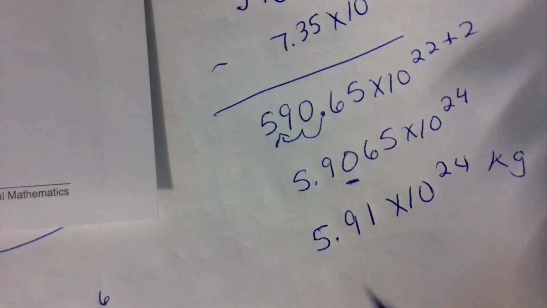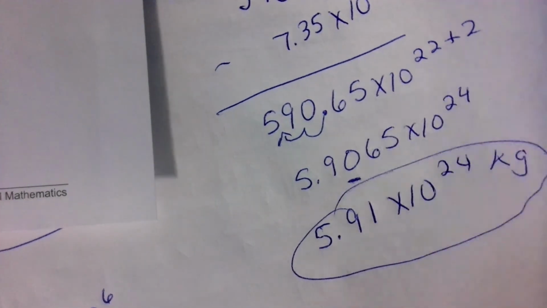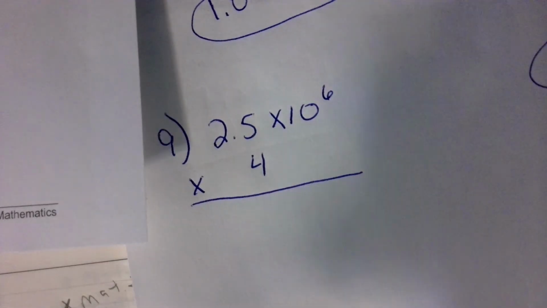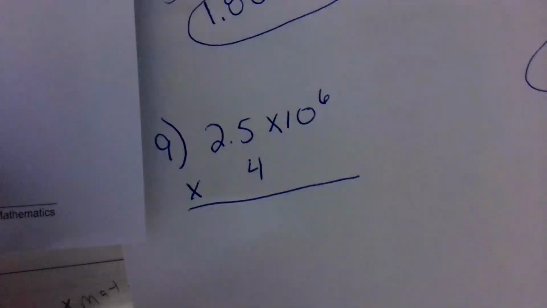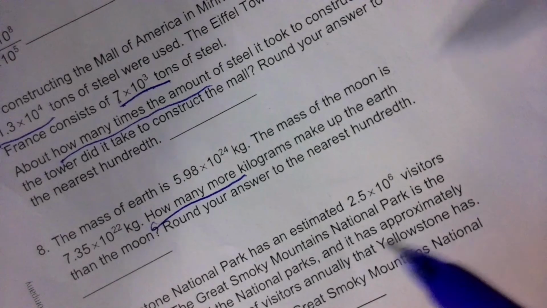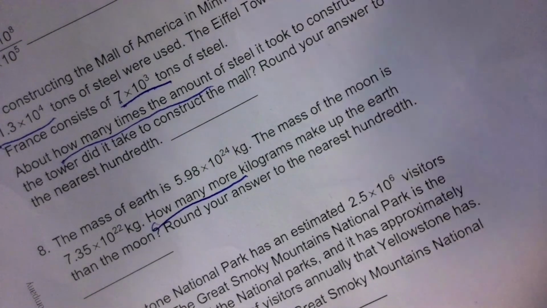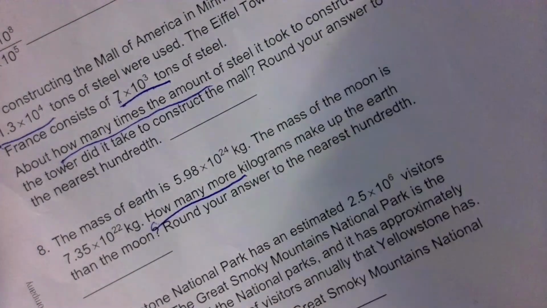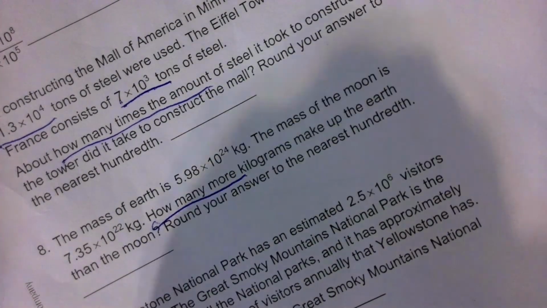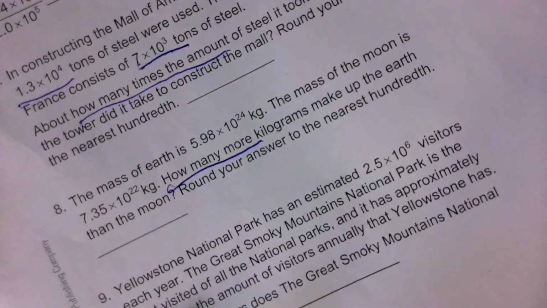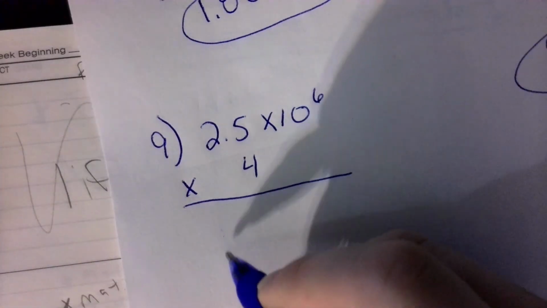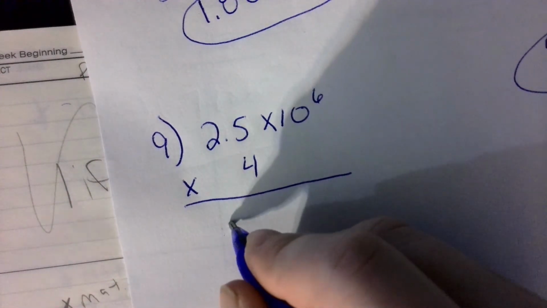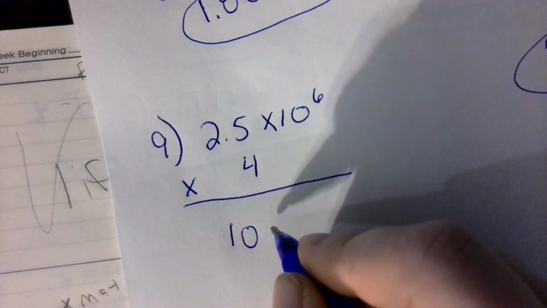Okay, I'm going to do number 9 now. On this one we have to multiply. Alright, so 2.5 times 4 is 10 times 10 to the 6th.